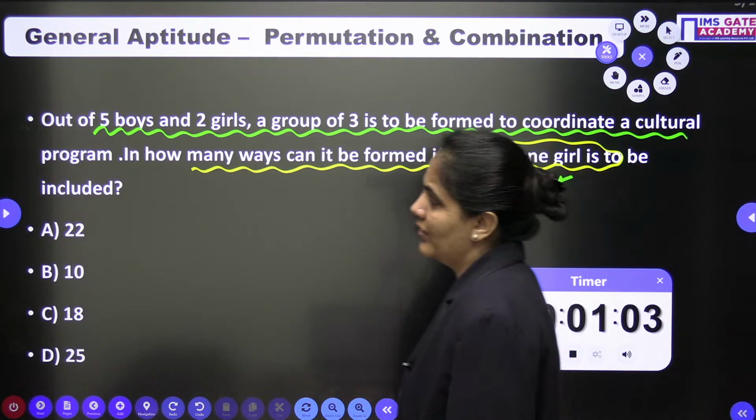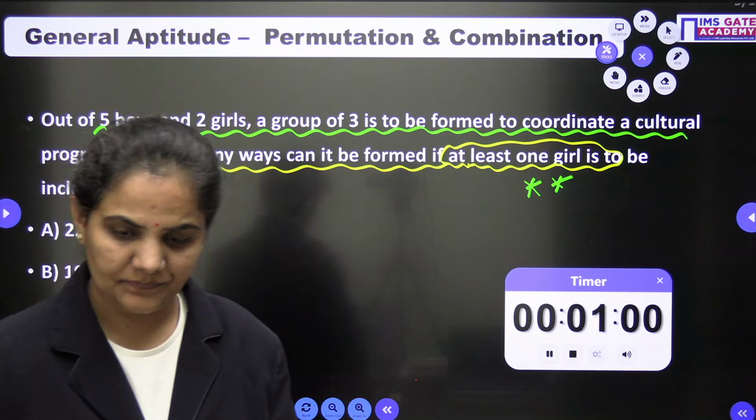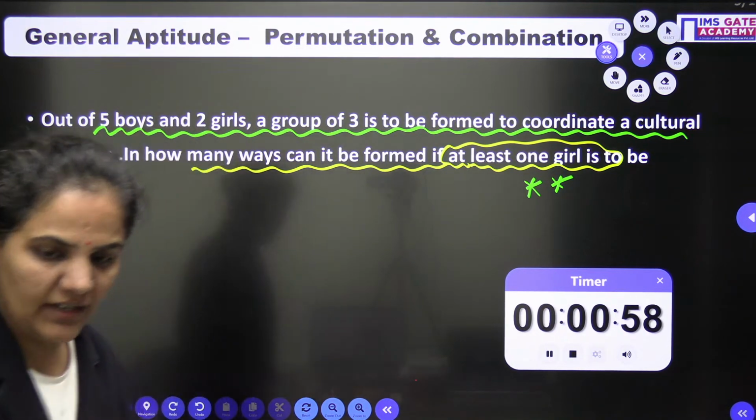Yes, dear students, what is the result? Had you tried? A simple question, had you tried?